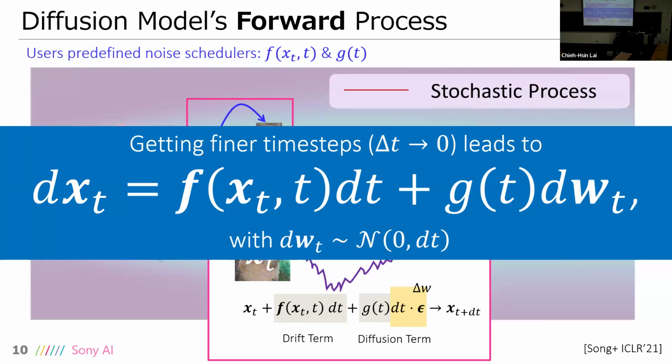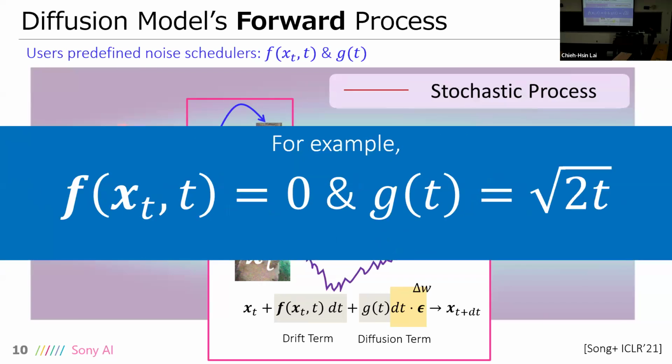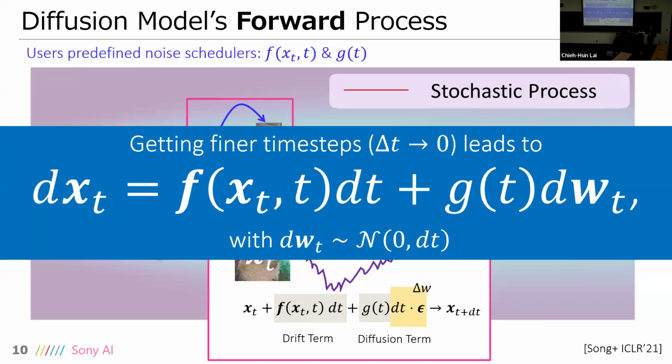What if I say it is 0 then? Yeah, it could be, but it couldn't be both 0. If both are 0, they just stay steady. But it could be any well-known process, say the OU process. You can choose the drift term to be 0 and G to be the square root of 2, for example. It could be any schedulers that you define.